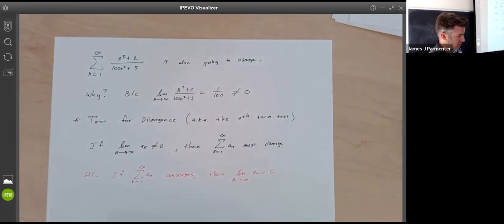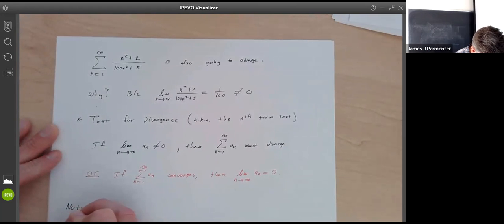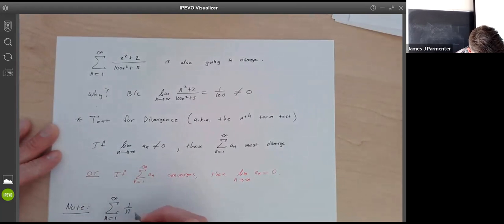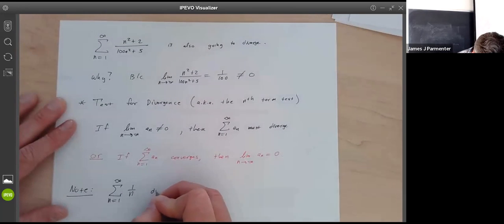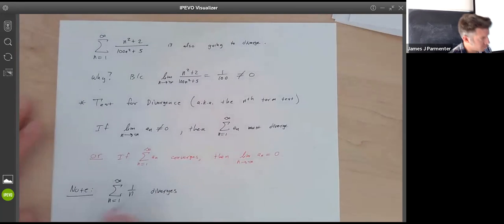Now, I should really, really emphasize here. This doesn't mean that if the sequence has a limit of 0, the series is convergent. There's a really profound example of this. This series from n equals 1 to infinity of 1 over n is called the harmonic series. It's very famous. This series definitely diverges, which we'll prove later on.